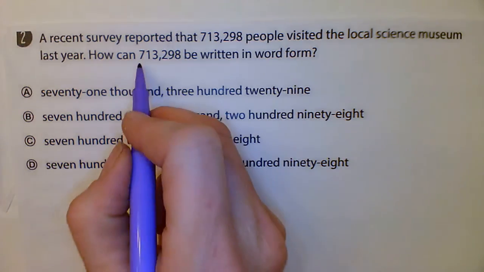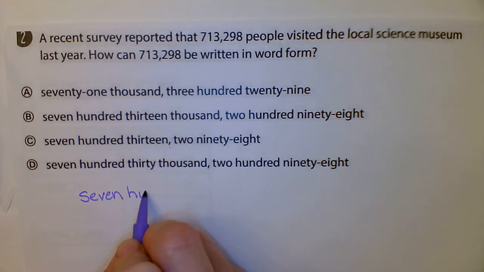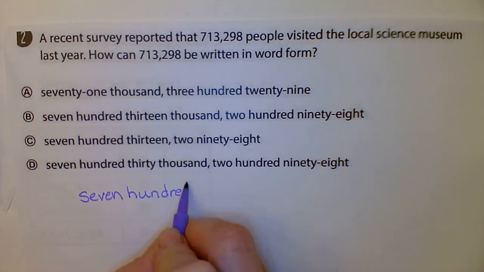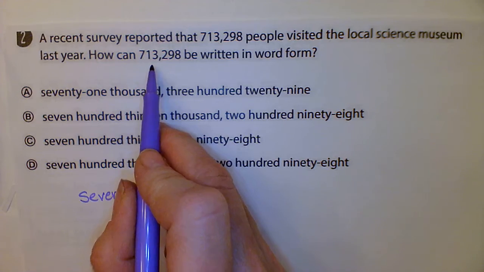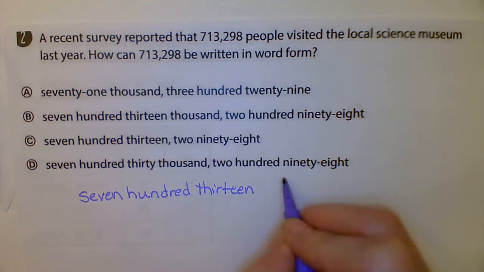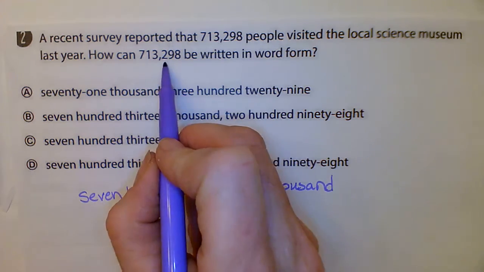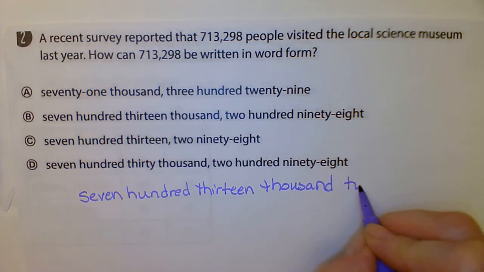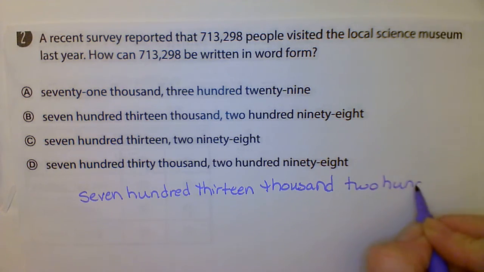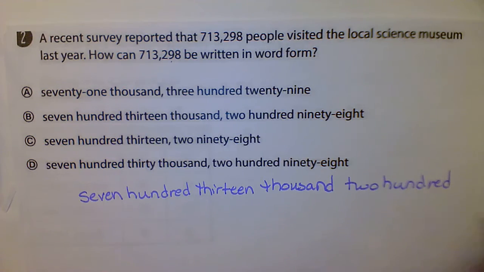So I'm going to write 700, 713,000, 200, 98. Oh, I'm running out of room.